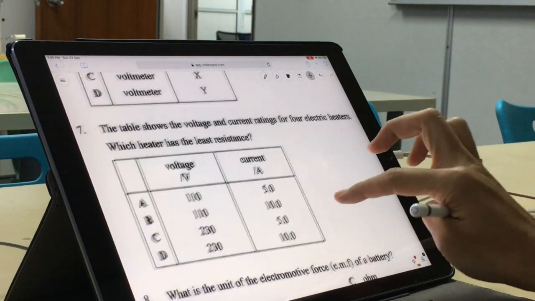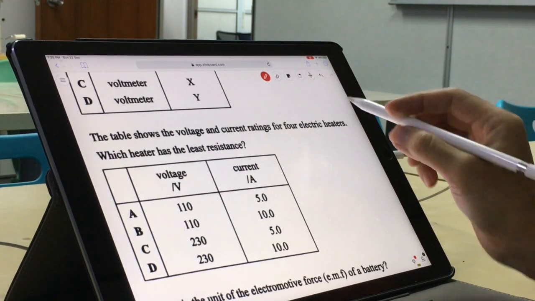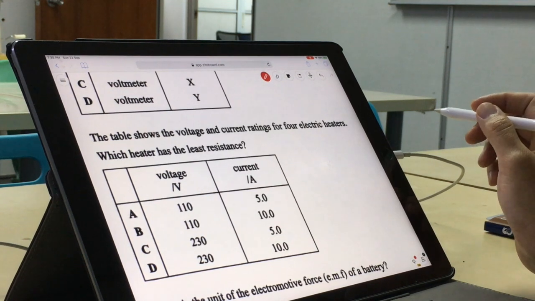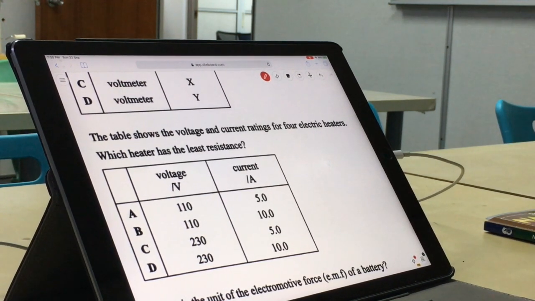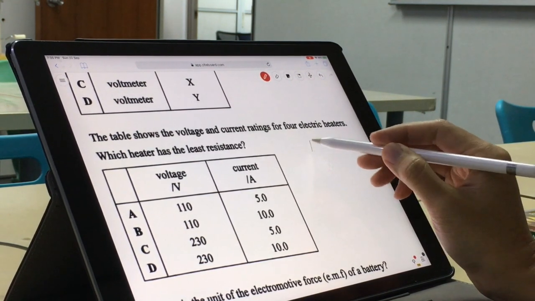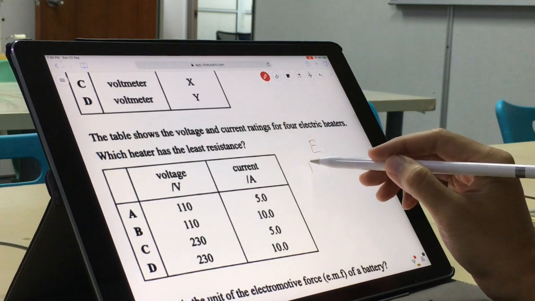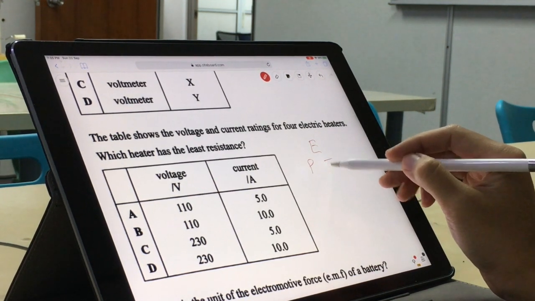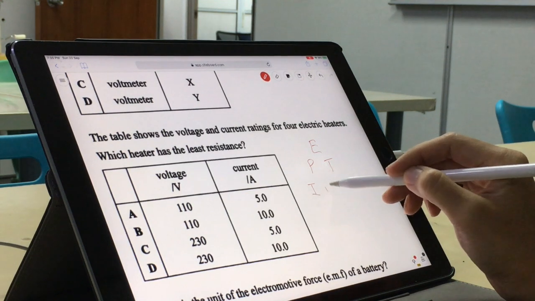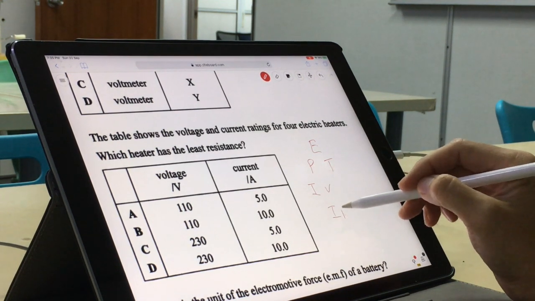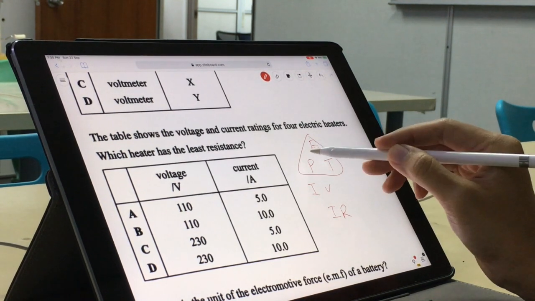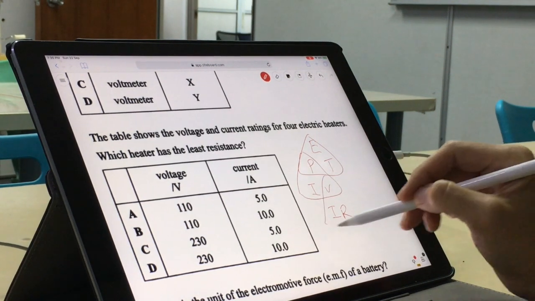This is where our formula comes in. Remember, can you tell me what's the triangle formula that you need to know? P T, I V I R, right? So over here, what am I supposed to find?